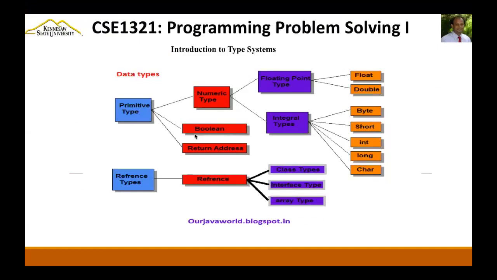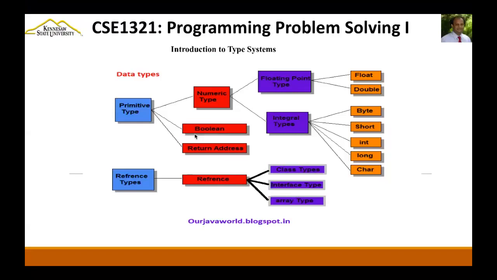For floating point types, meaning decimal point types, we use float and double. I'm talking about the Java perspective mainly. And then we have reference types: class, interface, and array. Also, as in C++, in Java we have the enum type, or enumerator, although that is not mentioned here.